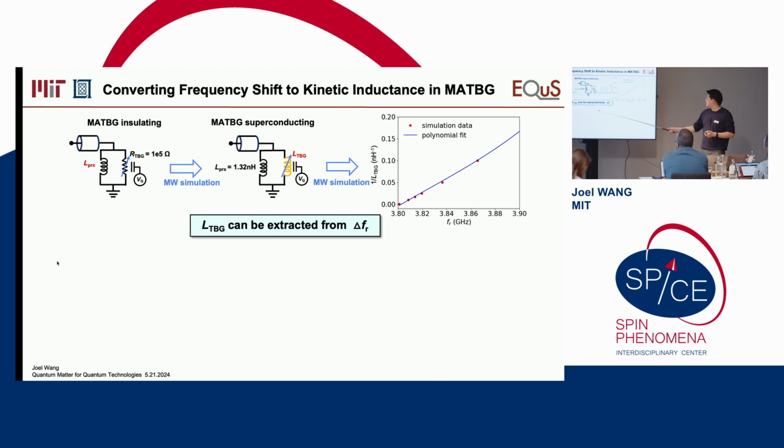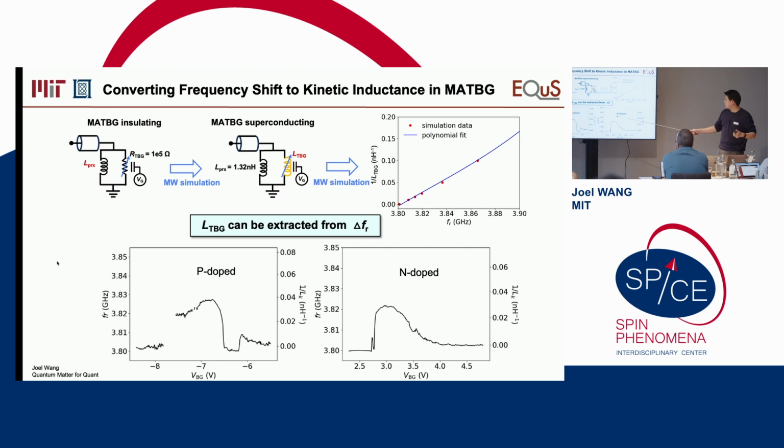So from the frequency shift, we can extract the kinetic inductance given by the TBG region. And from typical standard microwave fitting, we can extract the resonance frequency and inductance as a function of the backgate for the entire superconducting dome, for both the hole dome and electron dome regions.